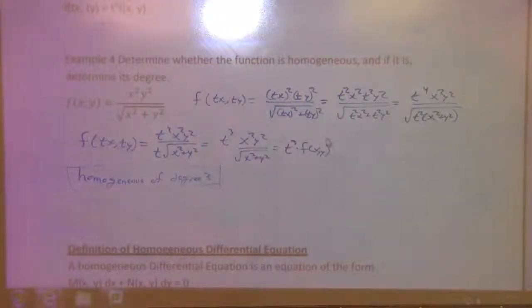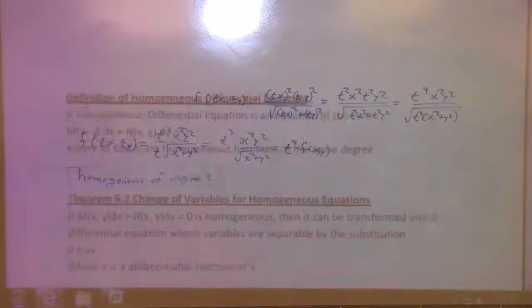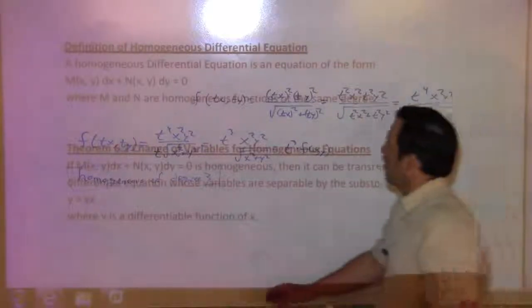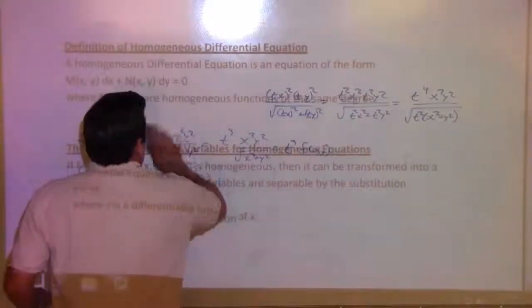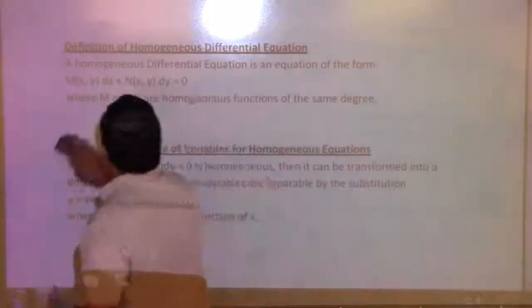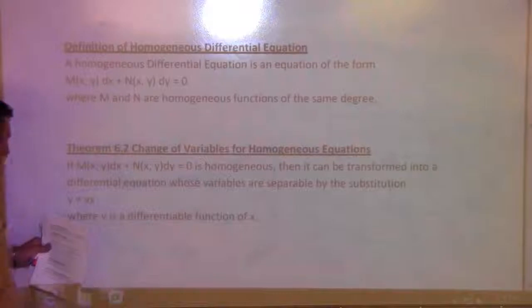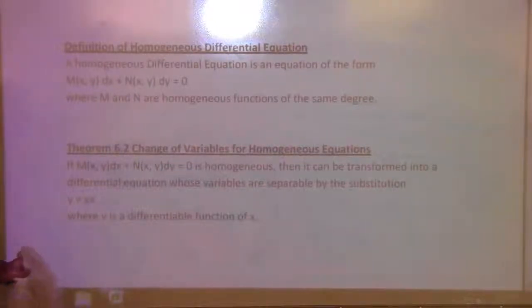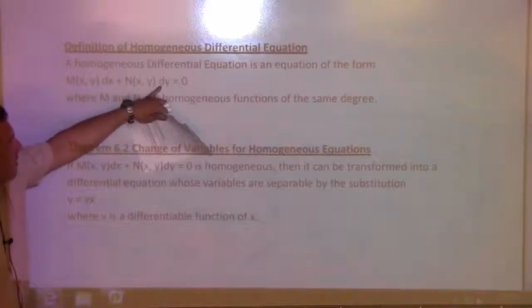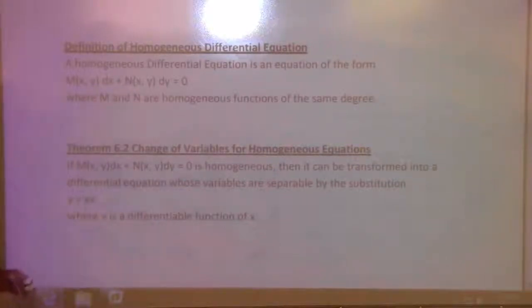Okay, now let's move on and talk about a homogeneous differential equation. A homogeneous differential equation is an equation of the form M of x, y dx plus N of x, y dy equals 0, where M and N are homogeneous functions of the same degree.